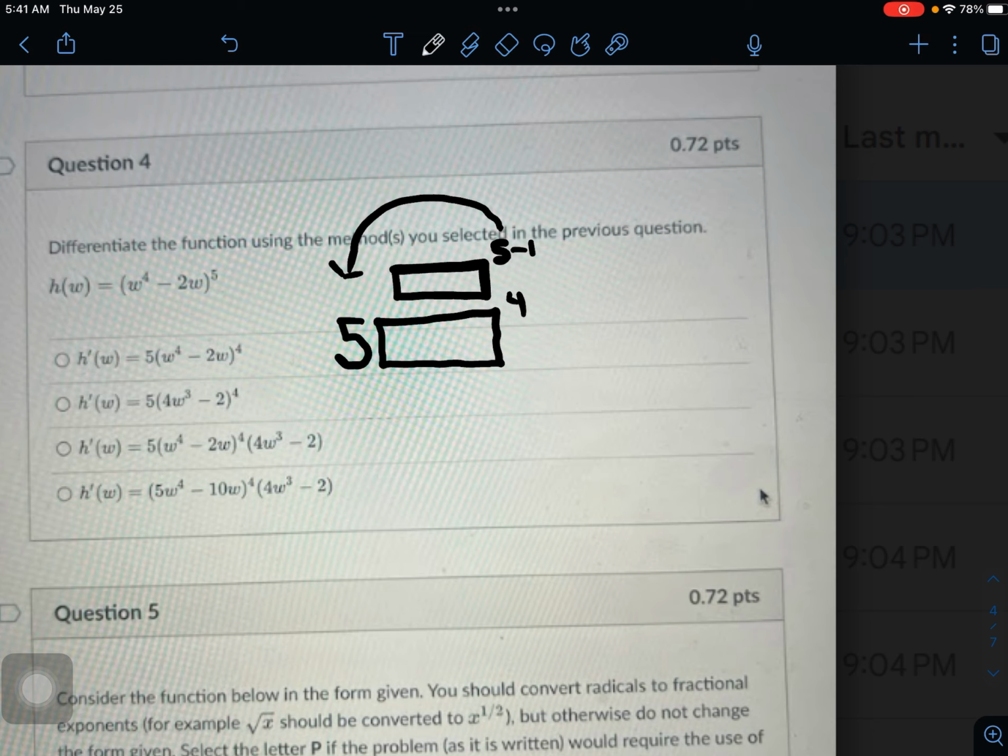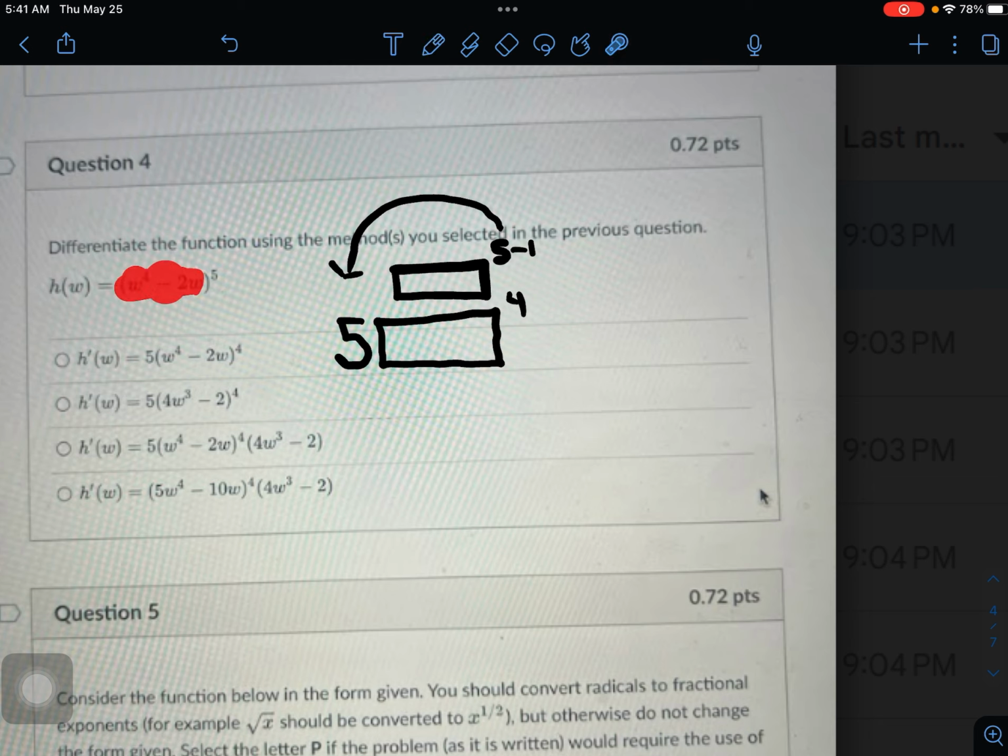So we just took the derivative of the outside function. The next step in using the chain rule is you evaluate it at the inside function.